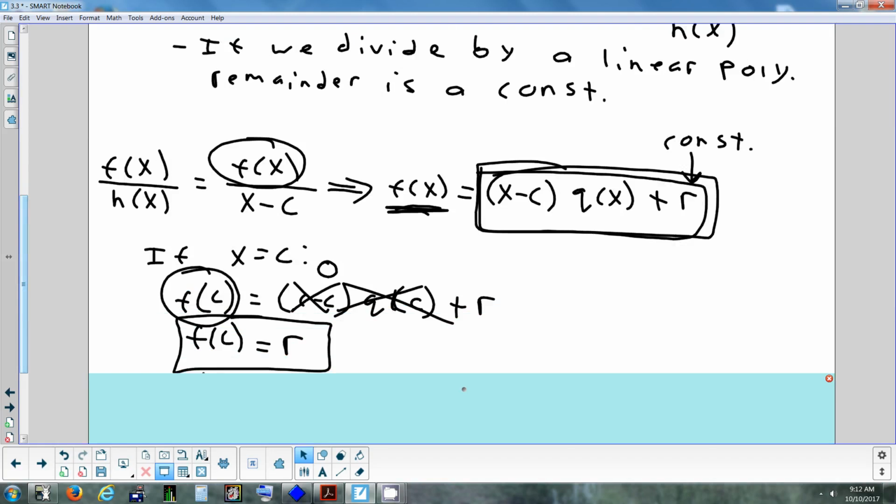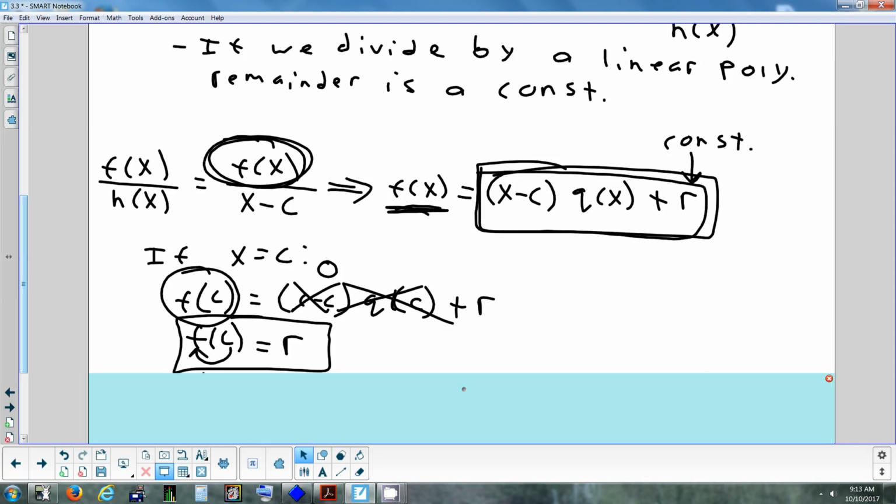So what does that mean? If you plug the number c into your original function, whatever you divided by, what's the result? What does it say? The remainder.